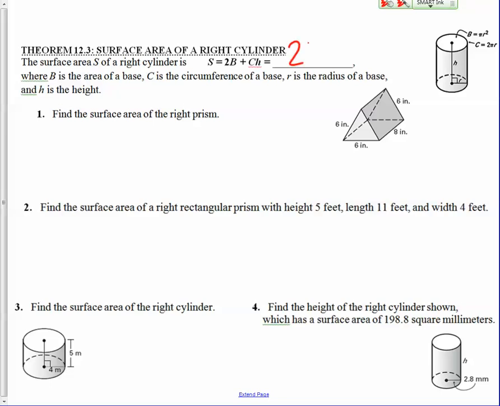Two bases plus, and here's supposed to be a perimeter, but in our case we do not have a polygon as a base, we have a circle. So instead of calling it a perimeter, we will call it a circumference, but we still need to multiply by the distance between those two bases. I will walk you through the first example in here because this is the most confusing.